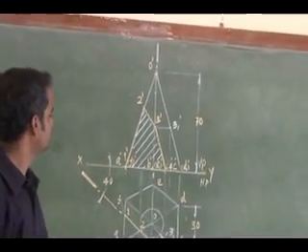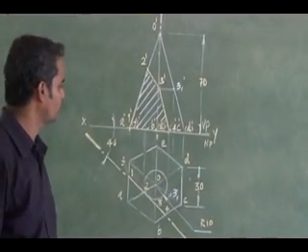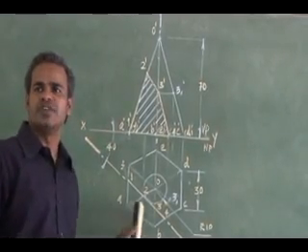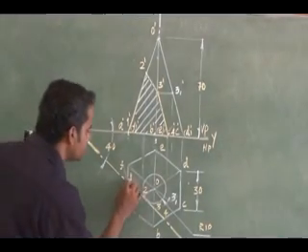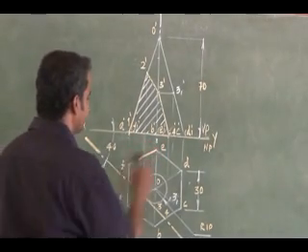Listen, all of you. Once I have removed this part, which is the retained portion in my top view? I have removed this front portion. This portion is my retained top view.